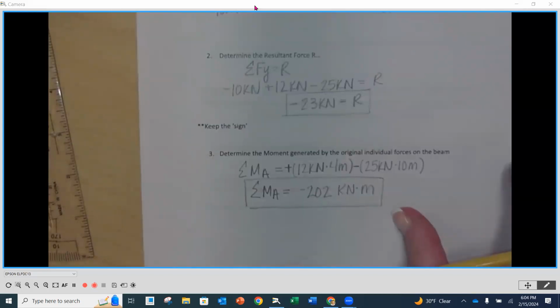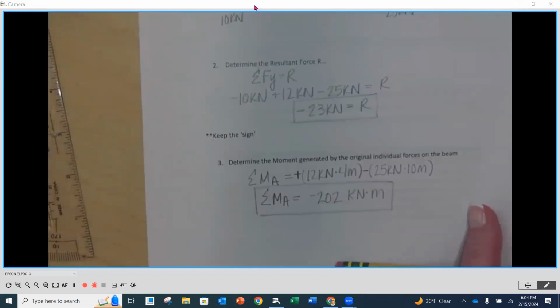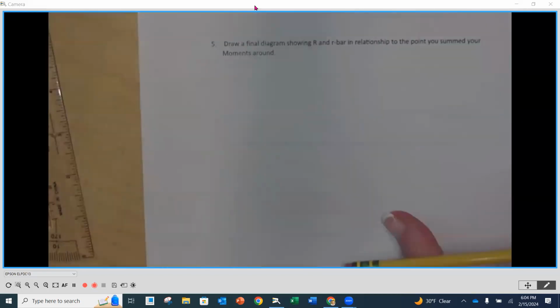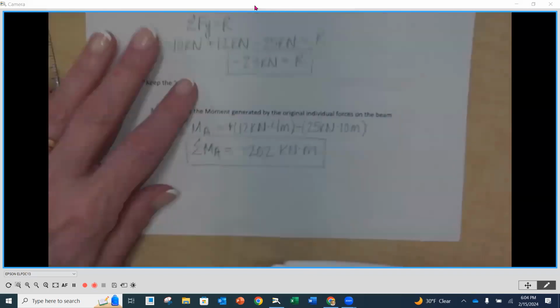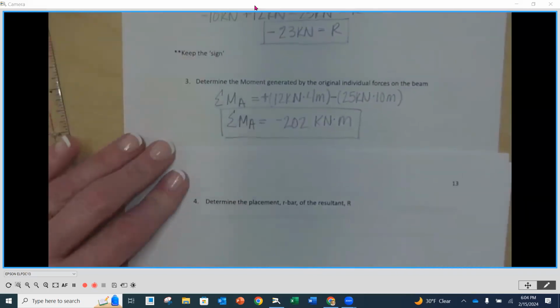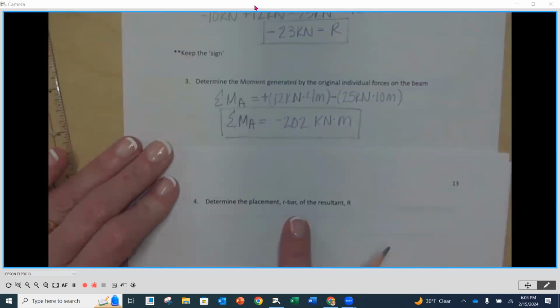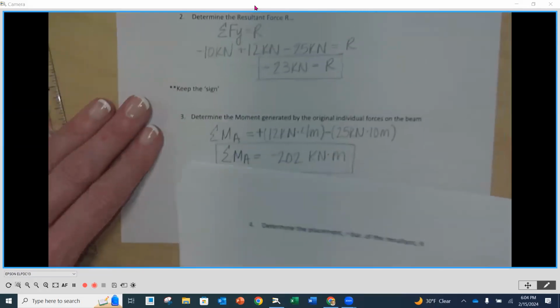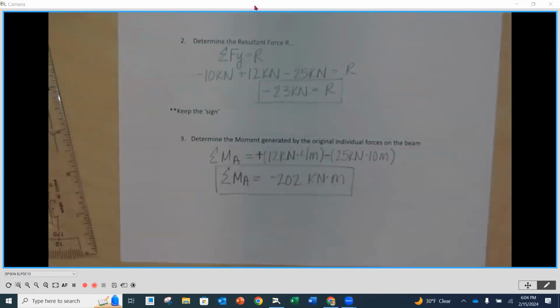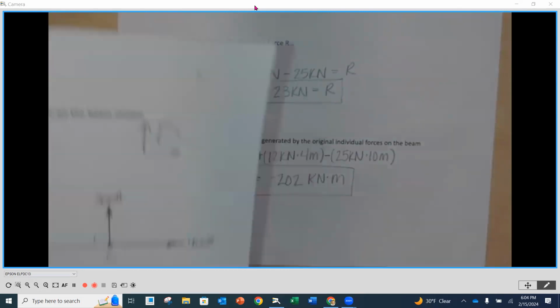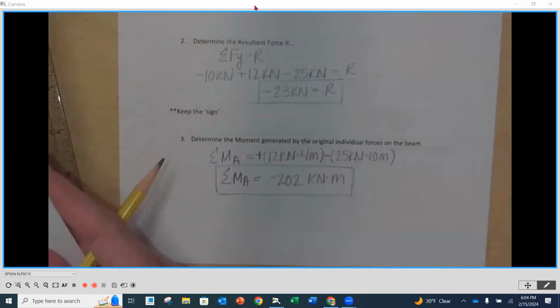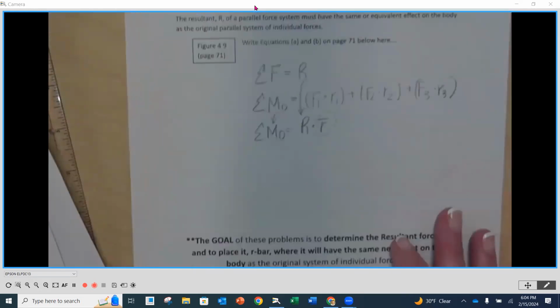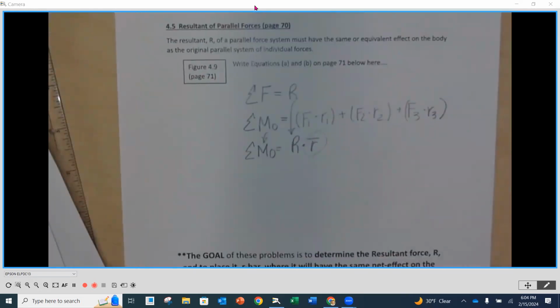All right, are we ready to turn the page? Now, we're going to go to page 13. Step number 4 says determine the placement of R bar, our resultant. So let's go back a page. On page 11, these were our 3 equations that we looked at.